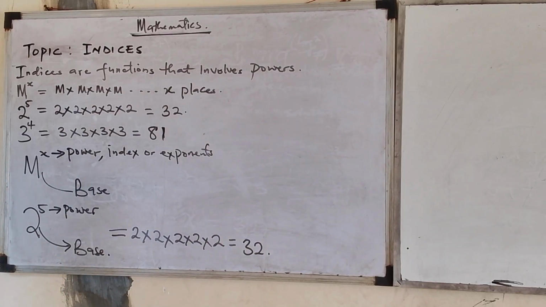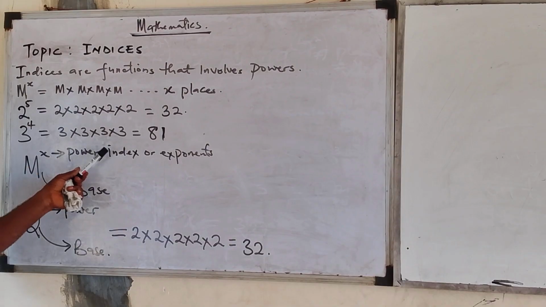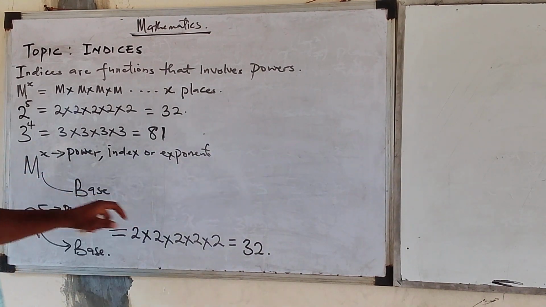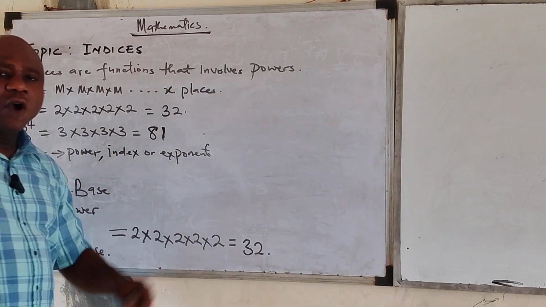So x is the power, index, or exponent, while m is the base. You can read this as m raised to the power of x, or m index x, or m exponential x.